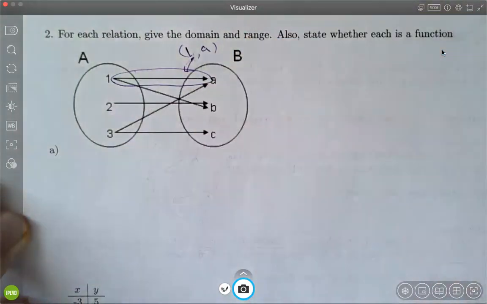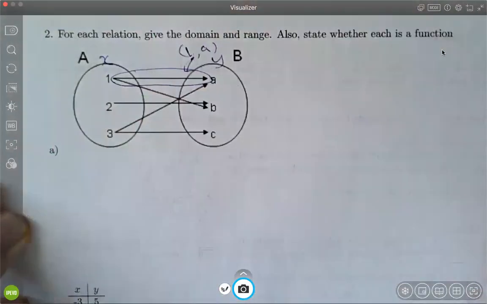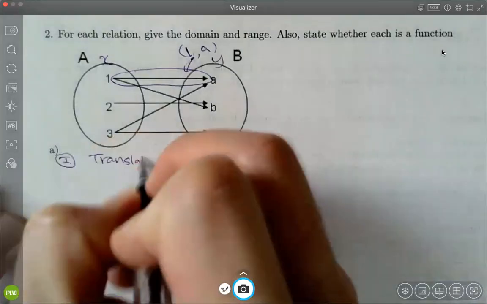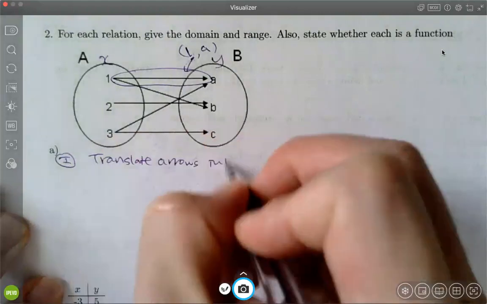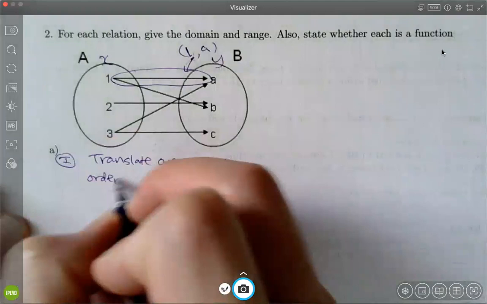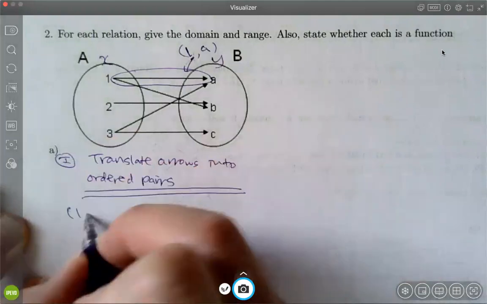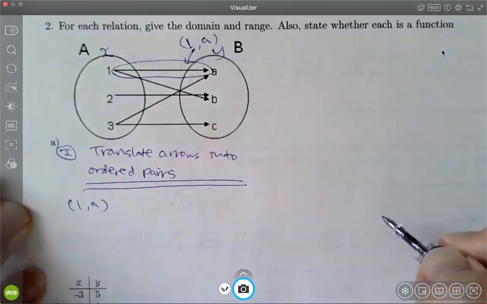So what does that mean? That is like X and that is like Y, right? So first, if we translate all of the arrows into ordered pairs, what we get is 1 comma A, and then we can translate all the other arrows as well.